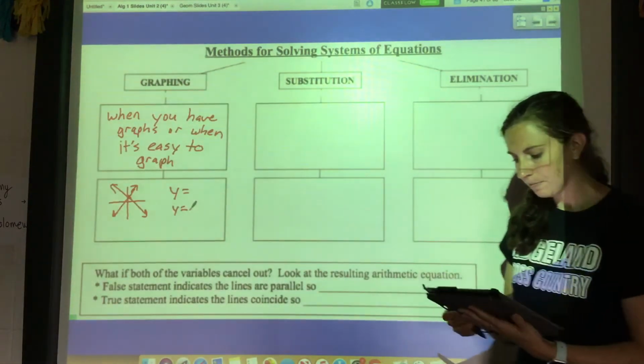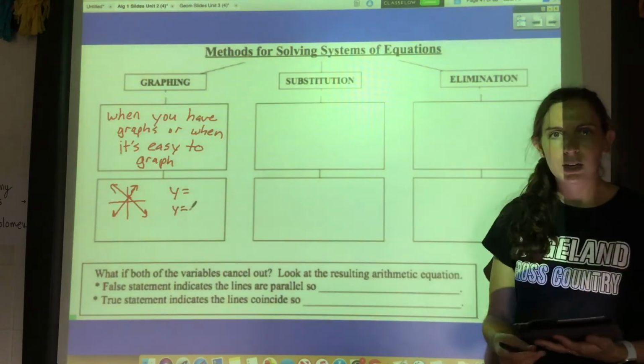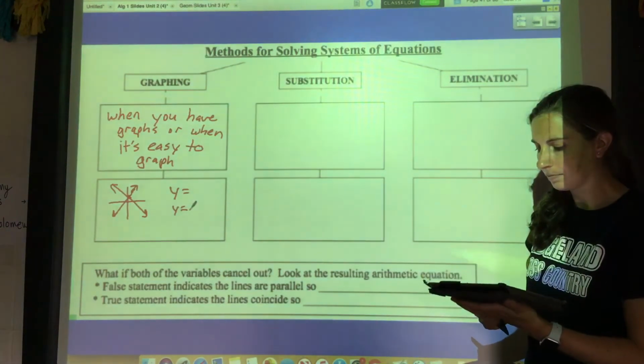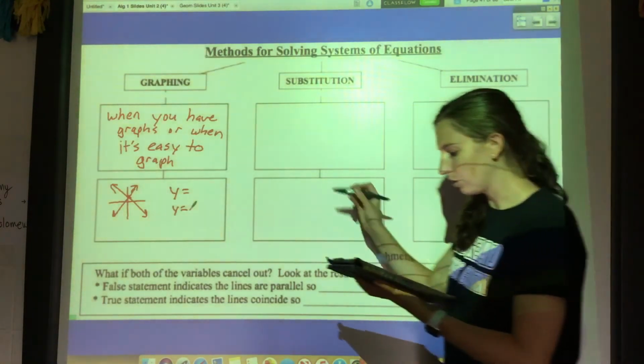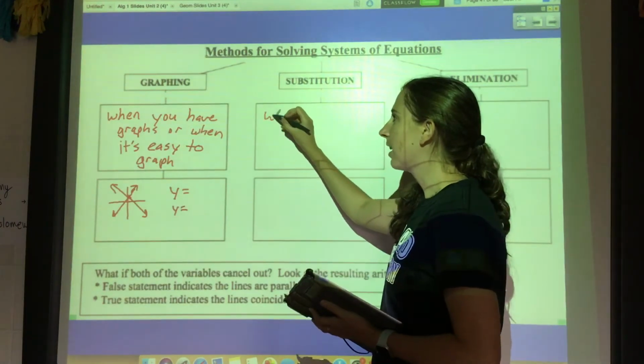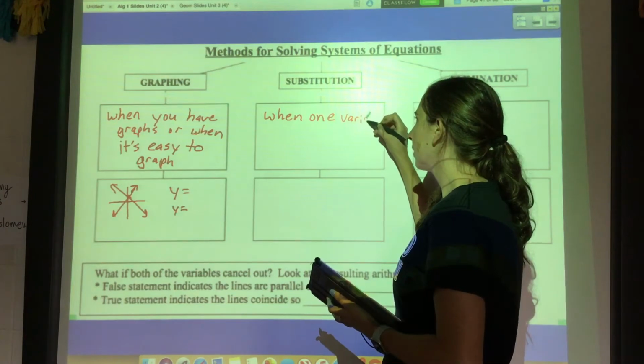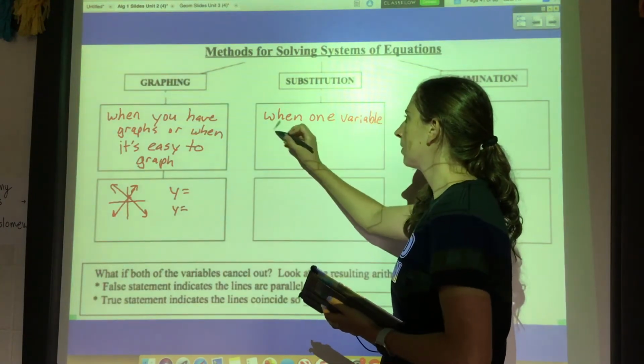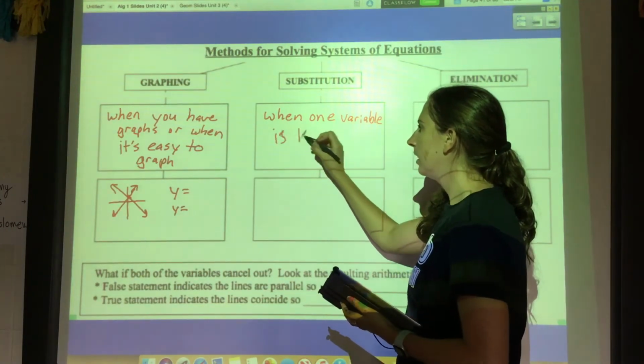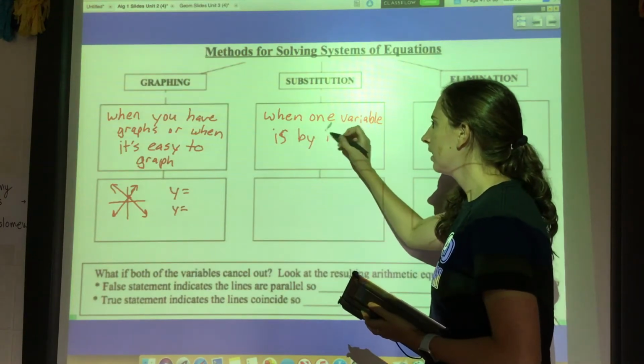For substitution, go ahead and think about when it would be best to use substitution. So I would use substitution when one variable is by itself.